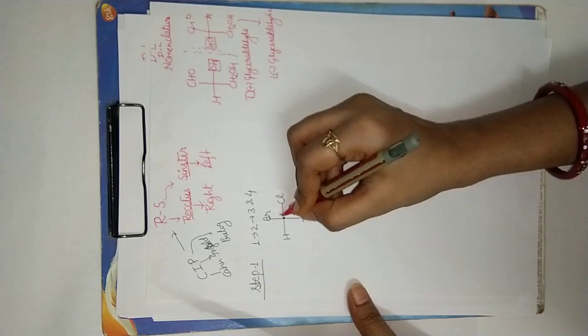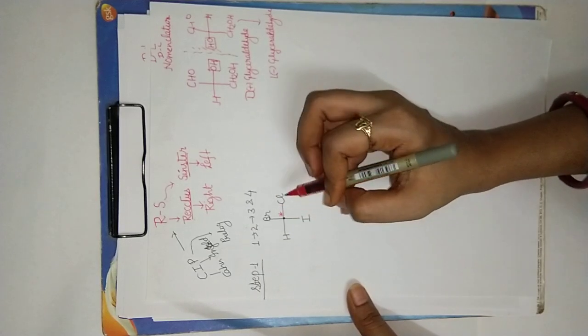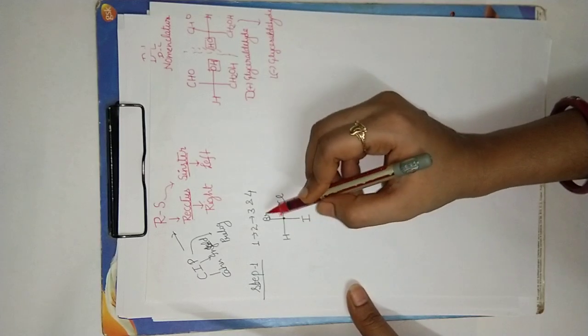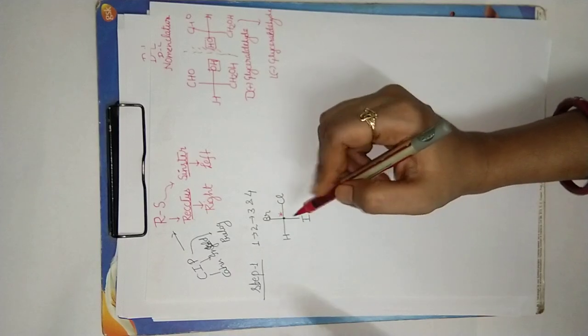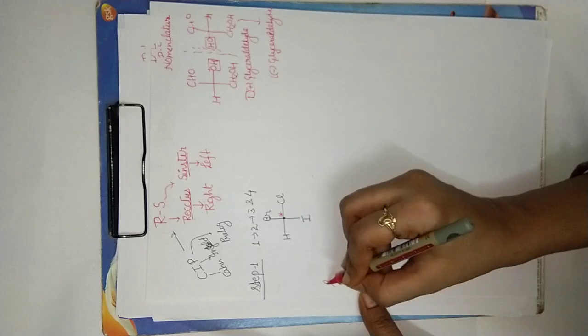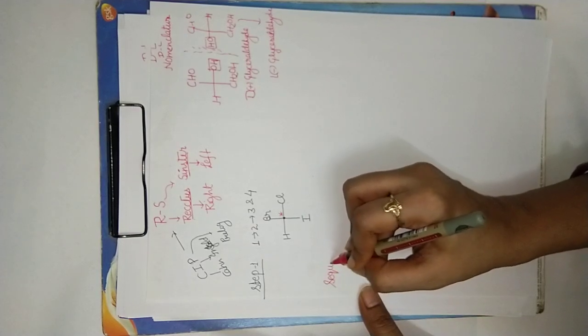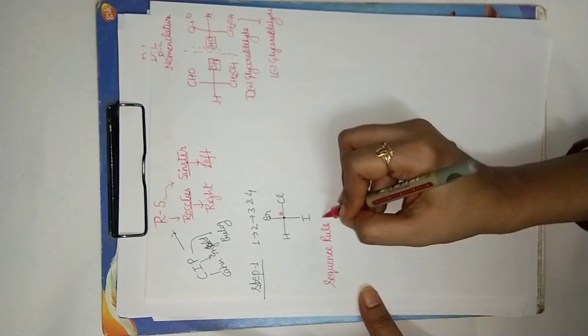What is a chiral carbon atom? A chiral carbon atom has 4 different groups. We have to assign the numbers 1, 2, 3, 4 to this compound, and this numbering is given by the sequence rule. Sequence rule 1.